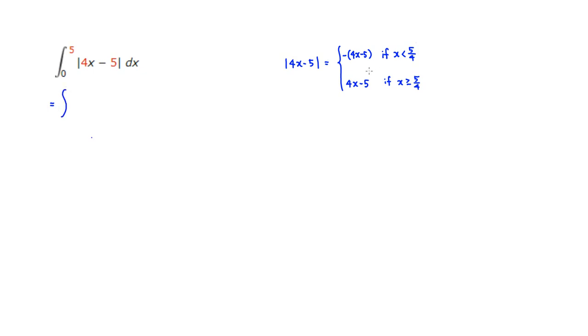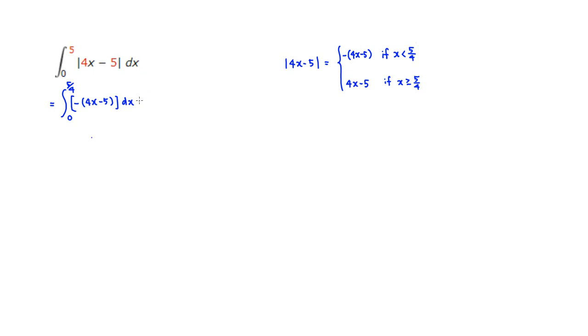So this integral can be split into, right? The first part is going to be from 0 to 5 over 4. That's on the first interval. Since it's negative, we have to put the negative sign, and then you have 4x minus 5, with respect to x.